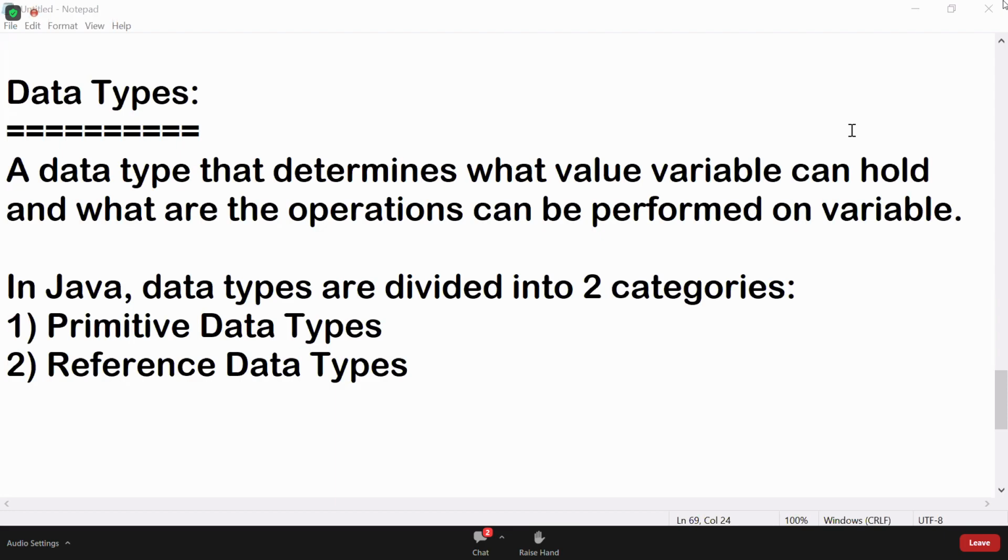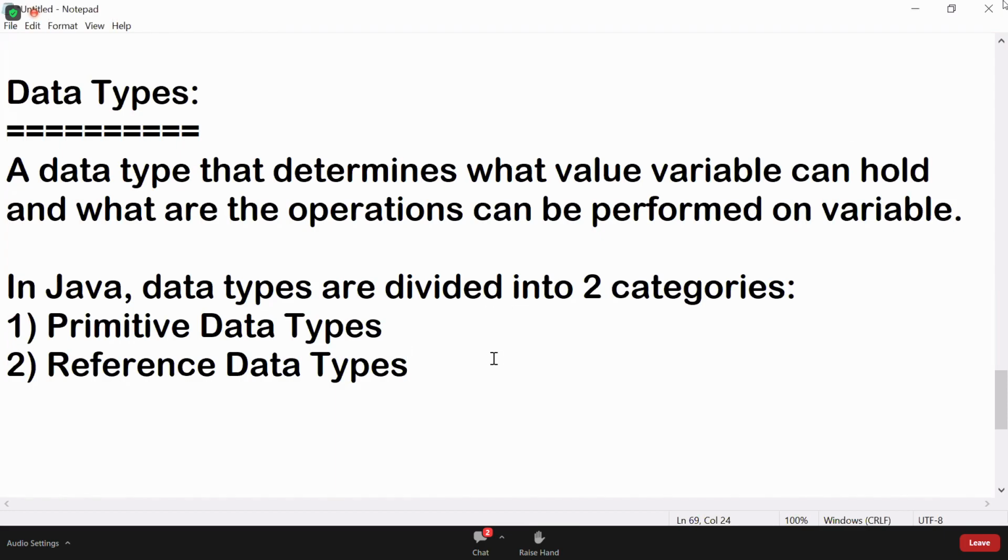Second one, reference data types. Here, this terminology also changed. In C language, C++ language, and other languages, different terminologies are there: basic data types, derived data types, primary data types, secondary data types, predefined data types, user-defined data types, like that we call them. But Java people gave new words: primitive, reference.